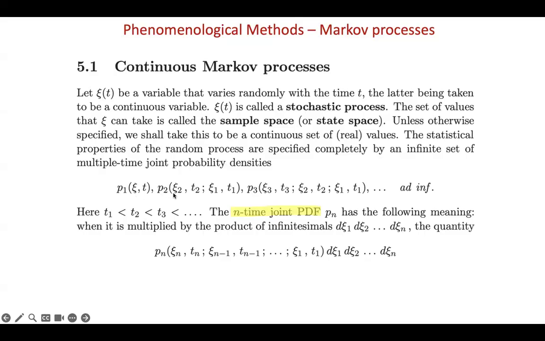That's all. But then you can have P2, where C2 and T2 depend upon C1 and T1. P3, this 3 here is tied to these 3 sets: C3, T3, C2, T2, C1, T1. Implicitly, T1 comes first, T2 comes next, T3 comes after that.